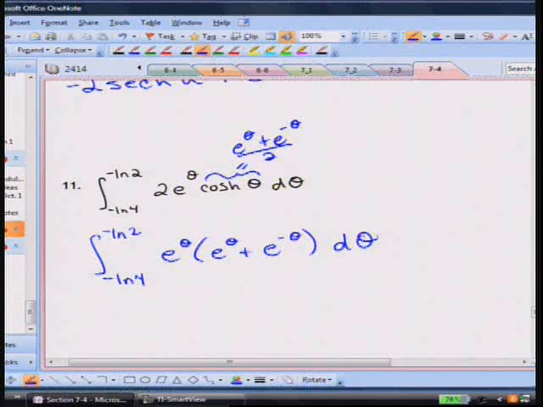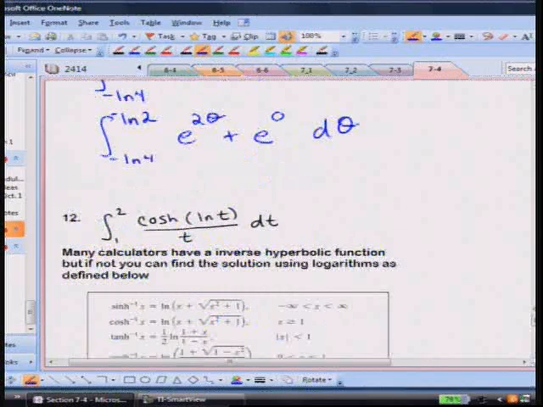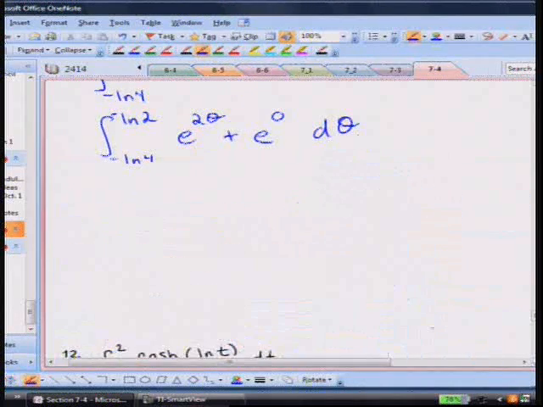All right, and then I can clean this up. e to the theta times e to the theta is e to the 2 theta. e to the theta times e to the negative theta is e to the 0 d theta. Well, e to the 0, of course, is just 1. All right, so the integral of e to the 2 theta, now I'm ready to go ahead and integrate, is what? Careful.